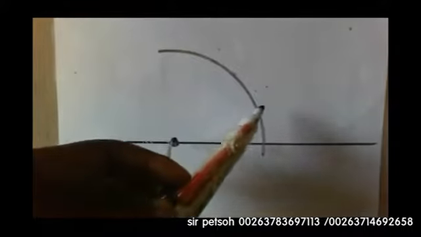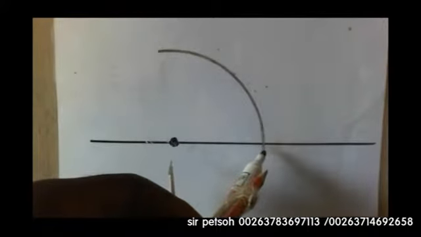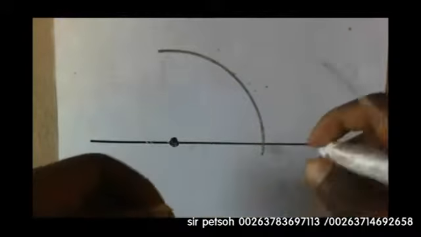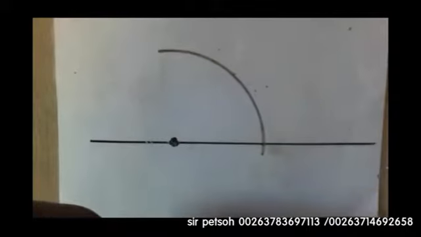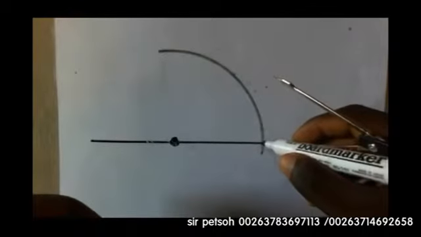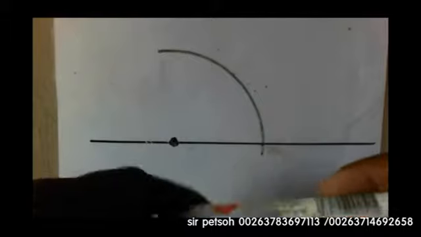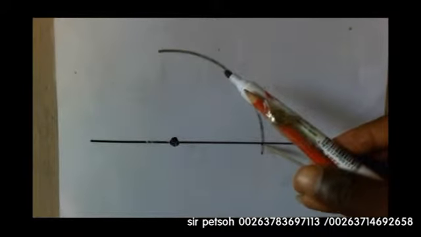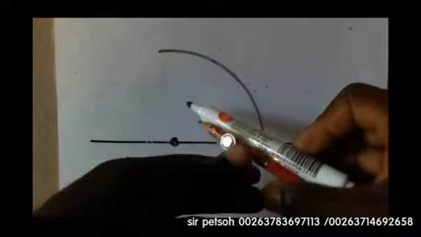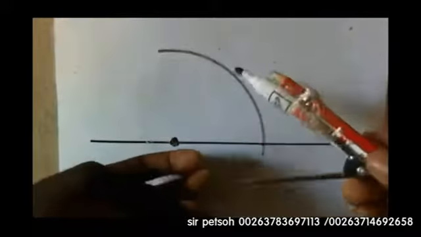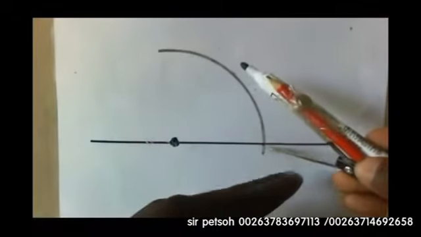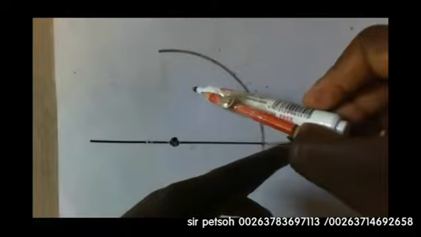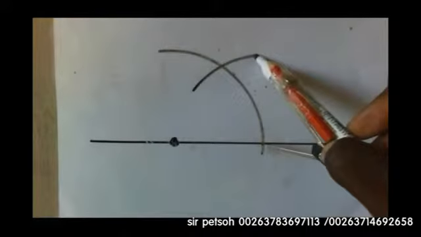Make sure your arc intersects with this horizontal line. Cut this horizontal line. Then you come to this point at the intersection of the arc and the horizontal line, and without changing the radius of your compass, draw another arc to intersect with the first arc.